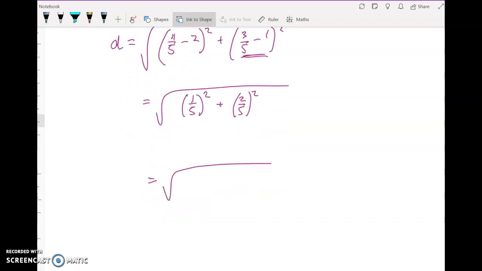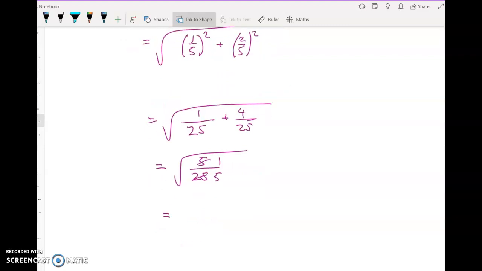So I'm going very slowly through this because I don't want anyone making mistakes right at the end. 1/25 plus 4/25. So Ben, I hope you're still watching, but I bet you're not because you probably figured this out once I started talking about it. Right, there's 5/25, and that's 1/5 there. And so you see, obviously, it's good that we get the same answer, right? So D is equal to 1 over root 5, which is equal to 0.45 to 2 dp.